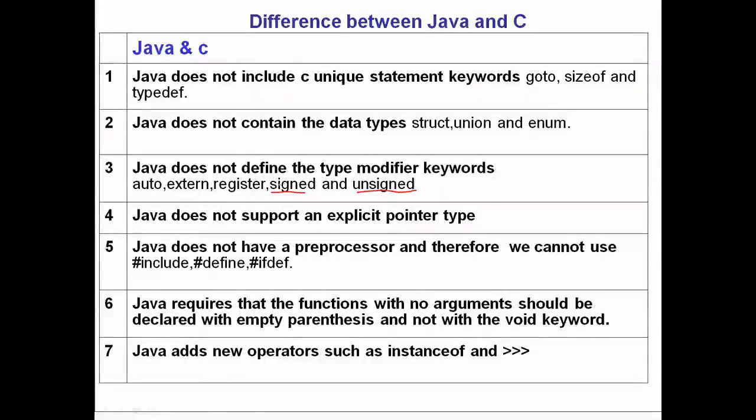So signed and unsigned keywords are used to define variables with sign or without sign. For example, if you're creating a variable of type int, that is, you declare int a, by default this a is of type signed.